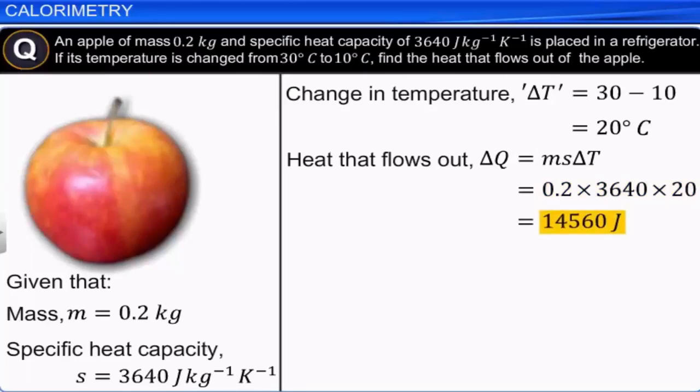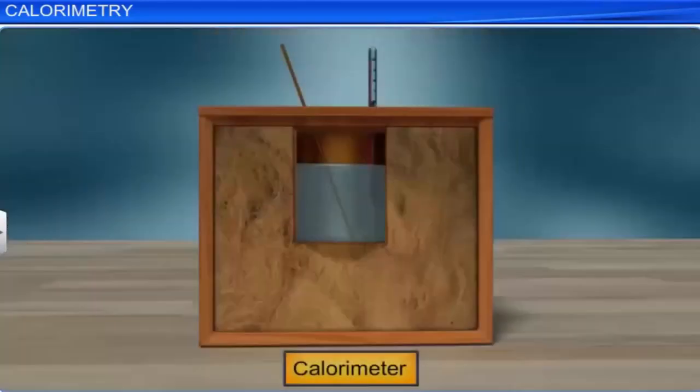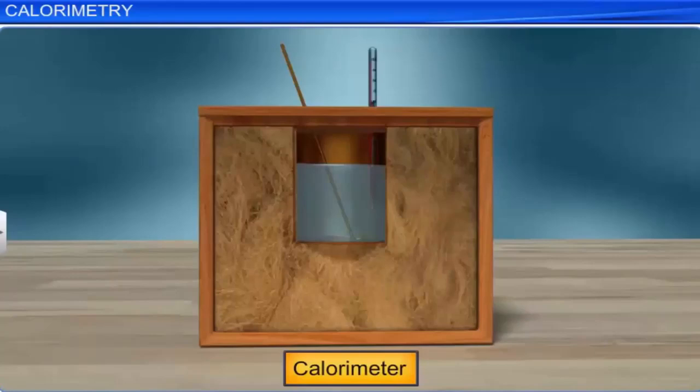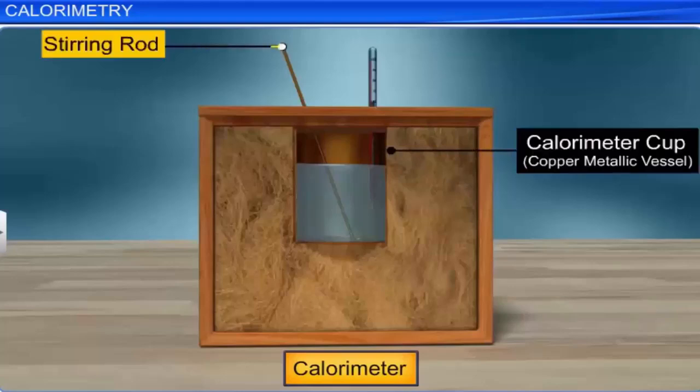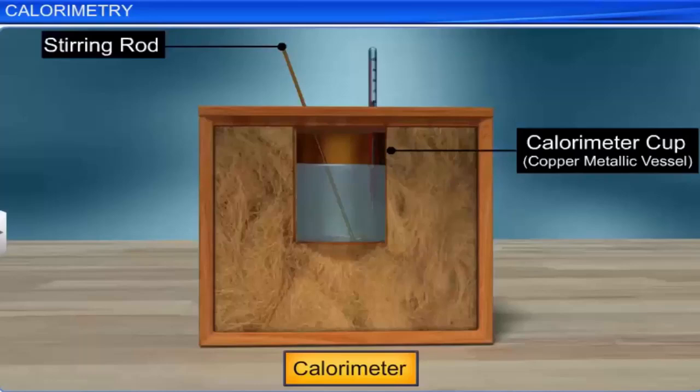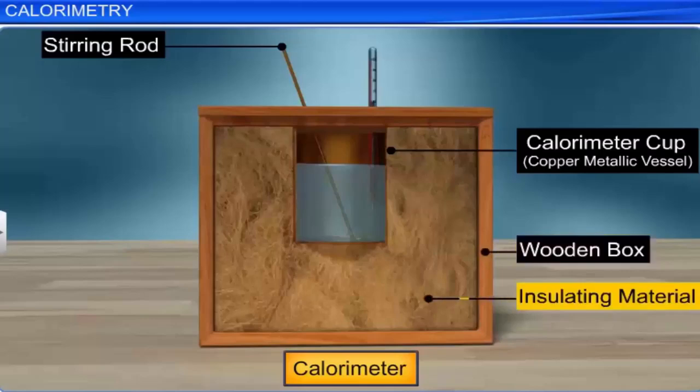In calorimetry experiments, a device known as a calorimeter is usually used to make heat measurements. A calorimeter consists of a small metallic vessel with a stirrer, and usually both are made of copper. The vessel is placed in a wooden box with insulating material surrounding the copper vessel in the box.